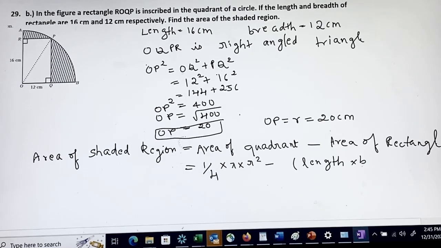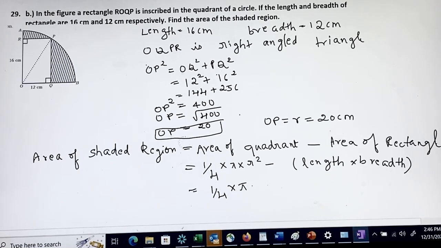This is the area of the rectangle. Okay, in this step, either you can first find the area of the quadrant, then find the area of the rectangle, then whatever answers you get, you can replace them over here. Either you can solve by that method or this method. Here I am directly doing it. So now 1 by 4 into pi, keep as it is.